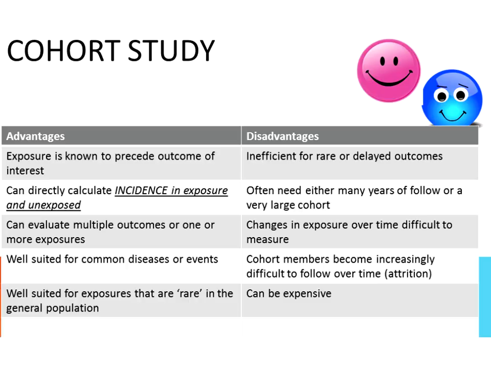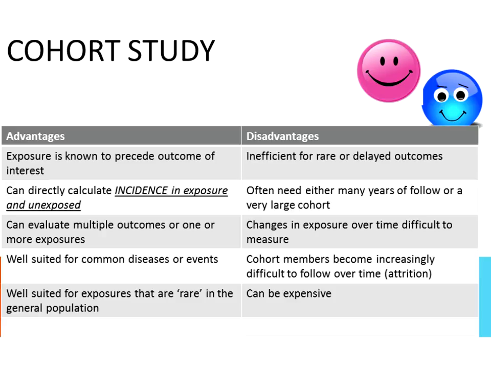The disadvantages are it's inefficient for rare diseases or delayed outcomes because you have to study people over a long period of time. You need a large cohort for statistical significance, and exposure changes over time.